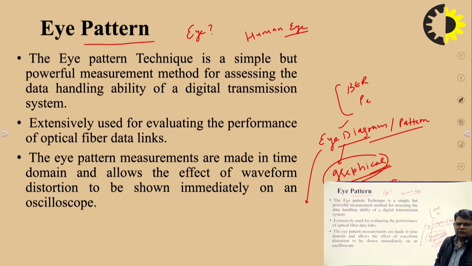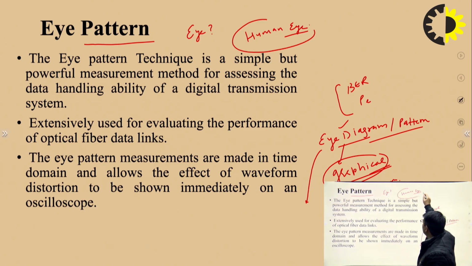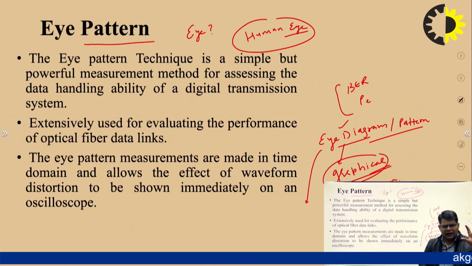This pattern or graph generated for the wired communication system is of the shape of the human eye. That's why this pattern is known as the eye pattern or eye diagram. As we can see, when the human eye is open, we get clear vision and the visibility is very clear. When the eye is closed, the vision gets blurred or is not clear.